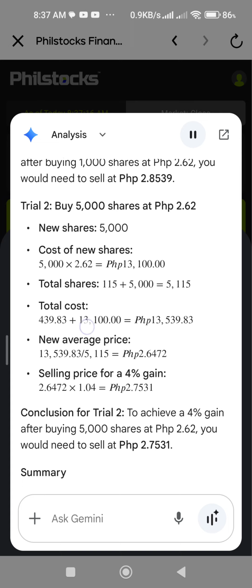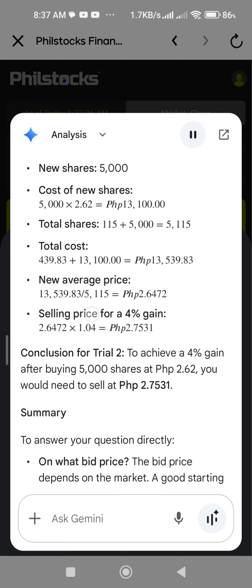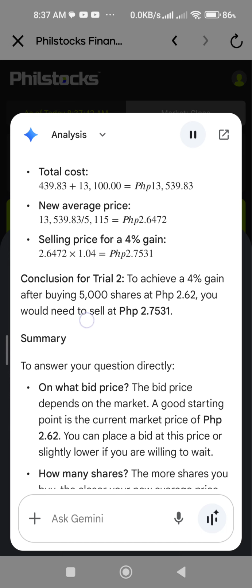Trial 2. Buy 5,000 shares at PHP 2.62. New shares: 5,000. Cost of new shares: 5,000 times 2.62 equals PHP 13,100.00. Total shares: 115 plus 5,000 equals 5,115. Total cost: 439.83 plus 13,100.00 equals PHP 13,539.83.